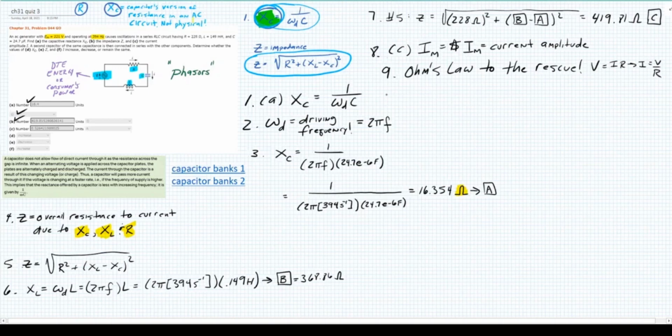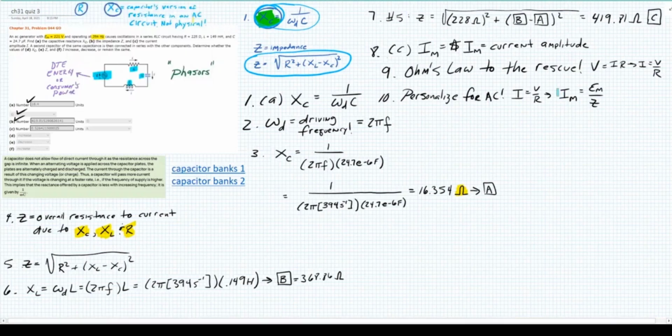Now let's personalize Ohm's law for AC. Ready? Here goes. I equals V over R now becomes the current magnitude is the peak EMF all over the impedance. So that is analogous.